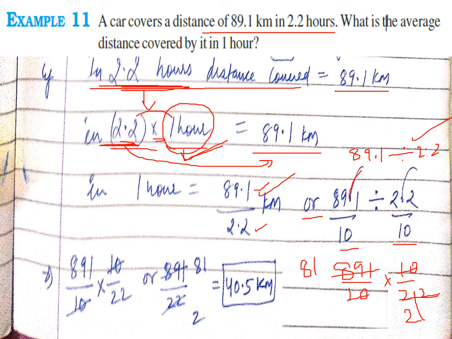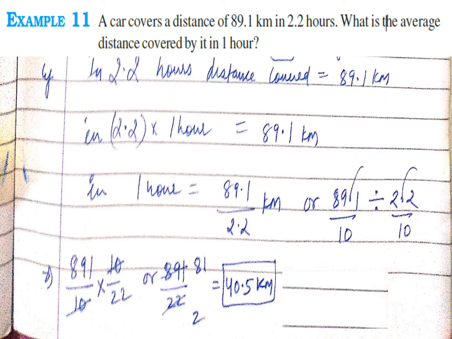Now 81 upon 2. This time you have to divide. How will you divide? Very simple. I think you know this already, but still let me show you. You have 2 as divisor and 81 as the dividend. 2 4s are 8. What happened? 0 came.